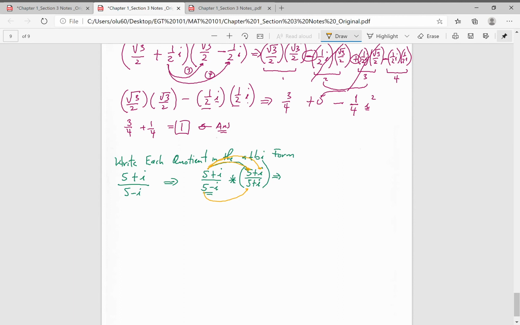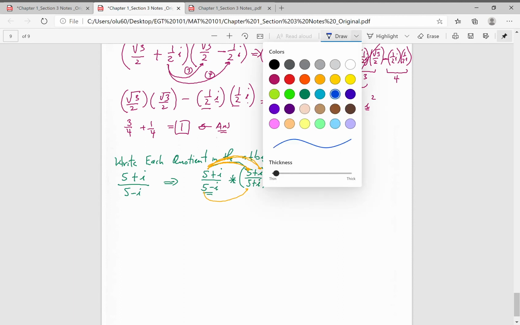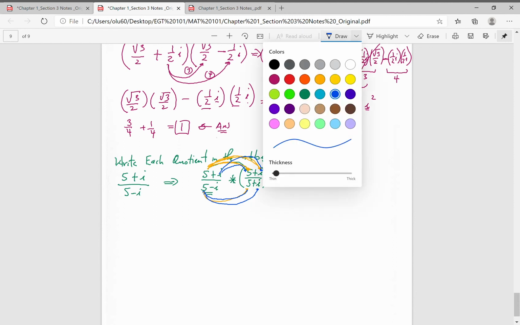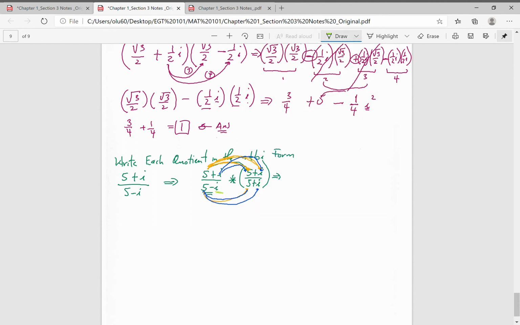So this is going to be a first one, a second one, and then we're going to do our i's. It's going to come here, and here. Likewise here, and here. It seems a little convoluted, but it's not.